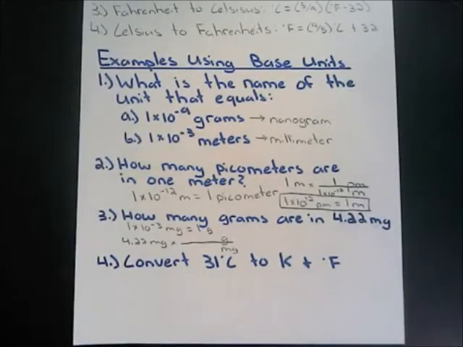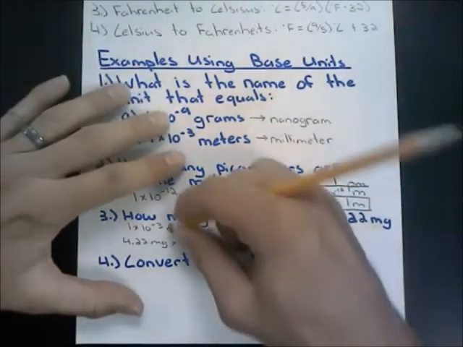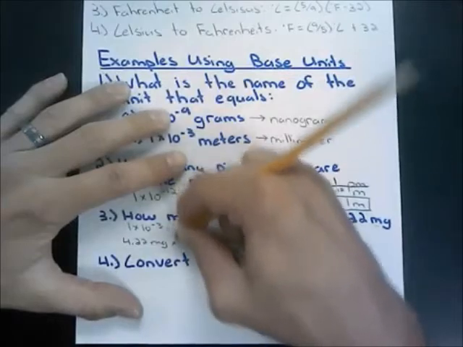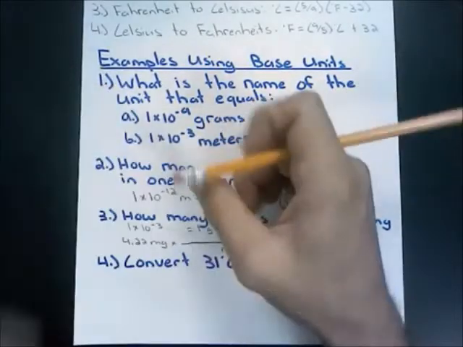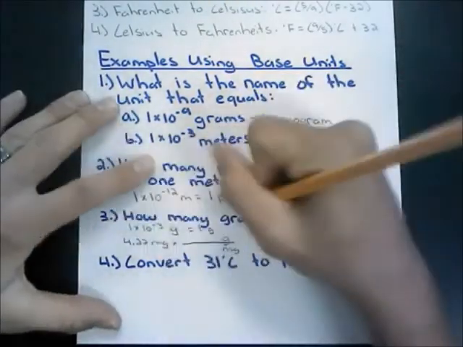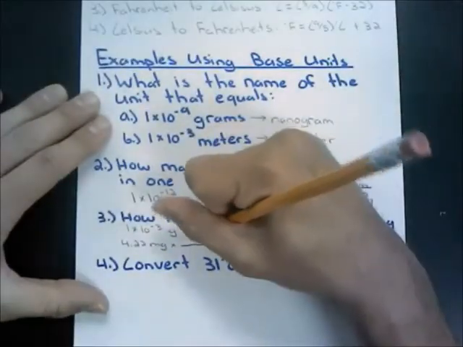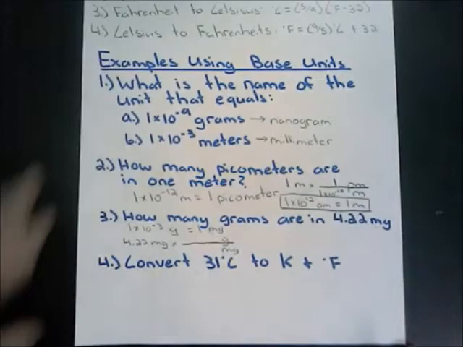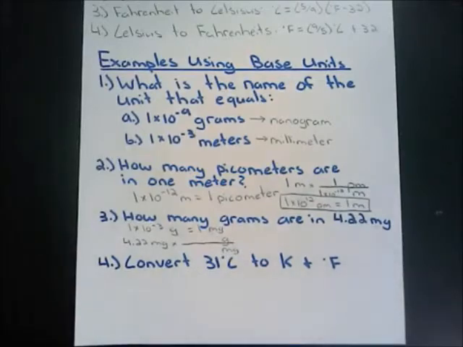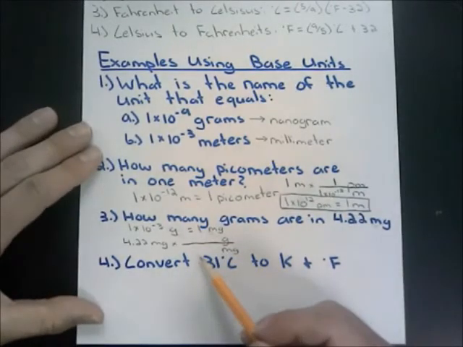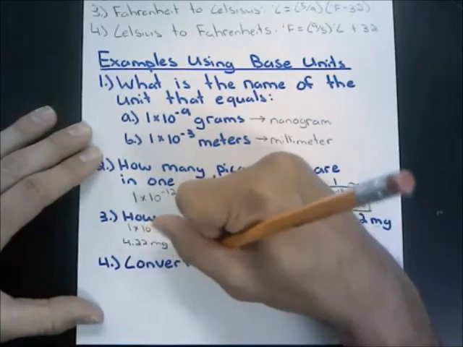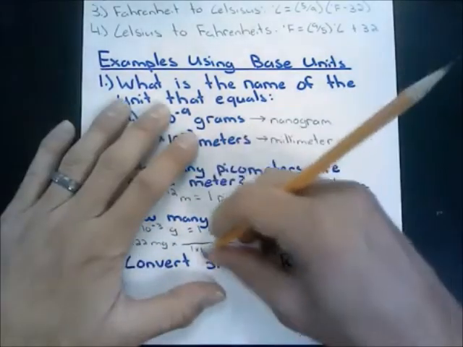And I have made a mistake here. No big deal. This 1 times 10 to the negative third should be g, and this 1 should be mg. And that will make a difference here in our calculation. So I just flipped those. I made a mistake.